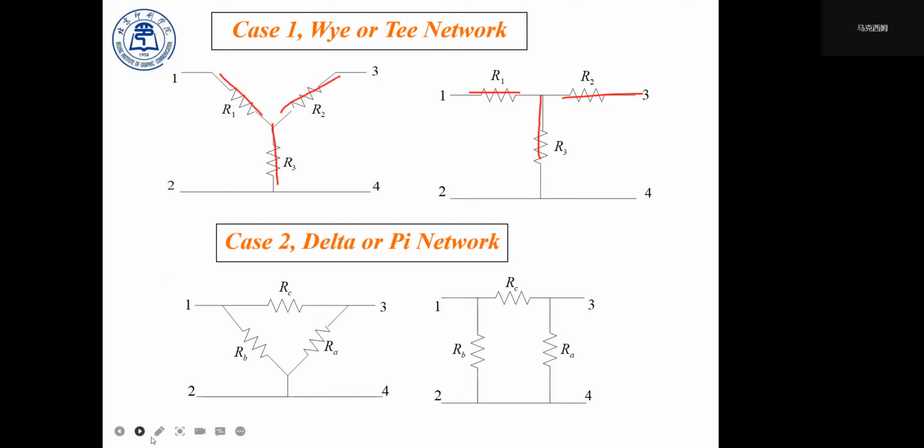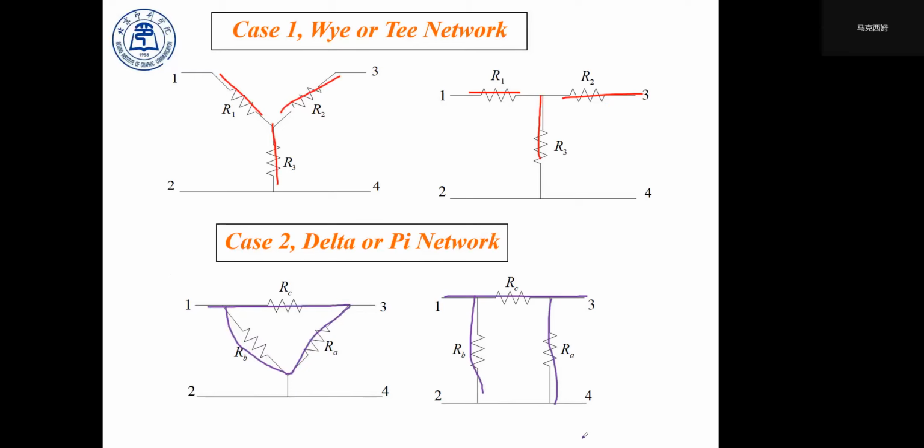Also, we can see that the delta-shaped or pi-shaped network is a typical delta shape network. It forms a triangle, and the other one forms the shape of pi.